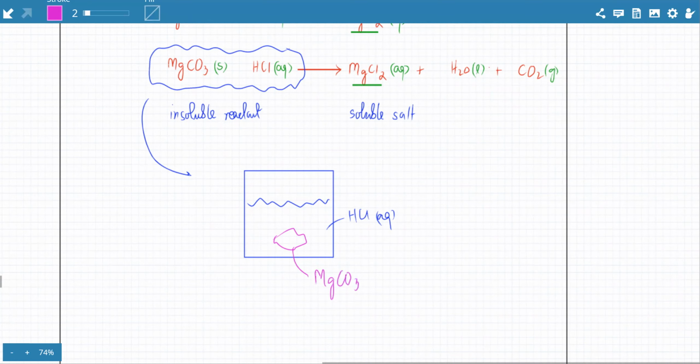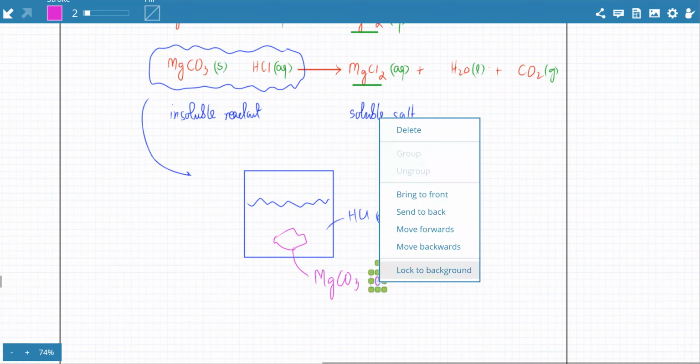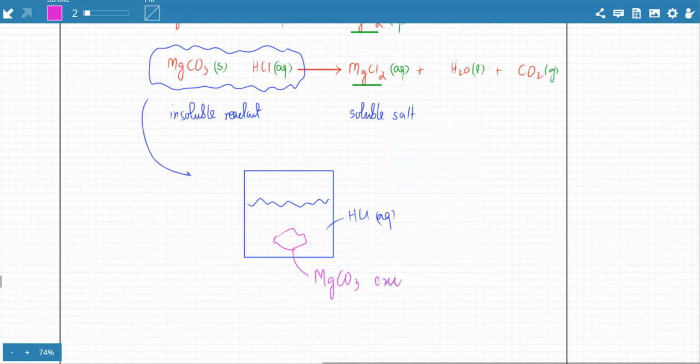And the solid has to be in excess. So you add more than the required amount, and you ensure that all the HCl is reacted, and all the HCl gets converted into MgCl2 and water, and the carbon dioxide gas would escape.